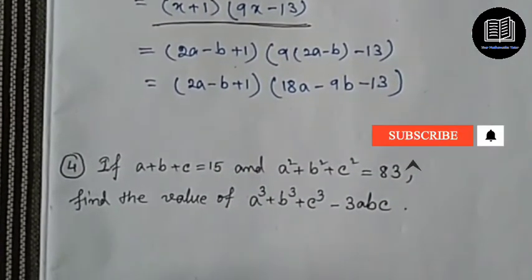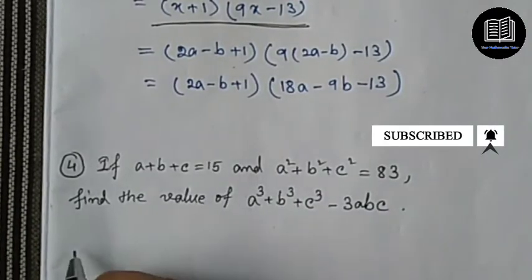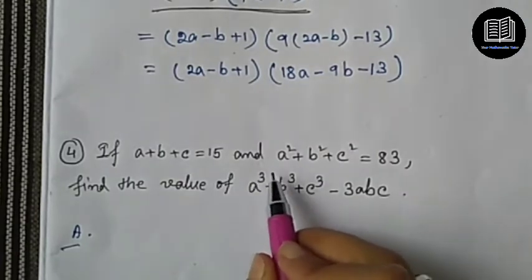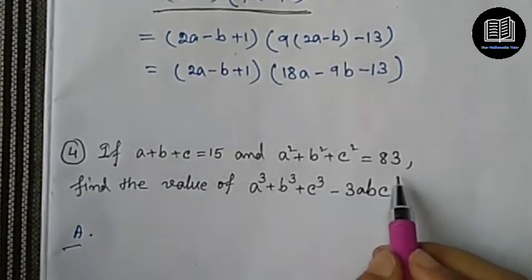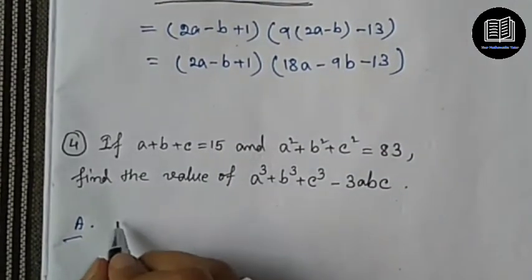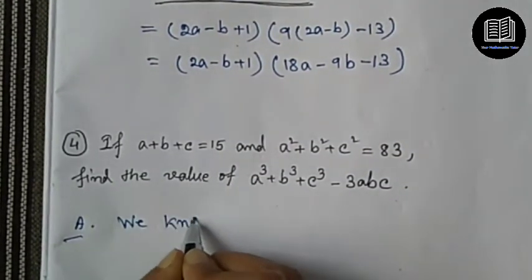Next C. This is a problem. If a plus b plus c equals to 15 and a square plus b square plus c square is equal to 83, find the value of this. Here we apply an identity.